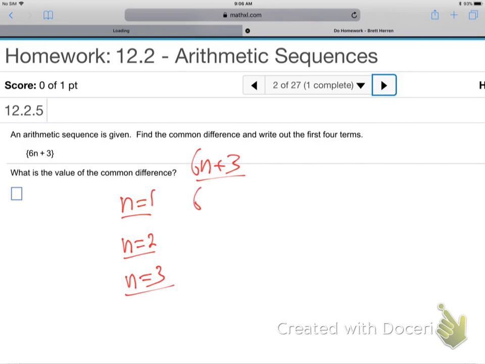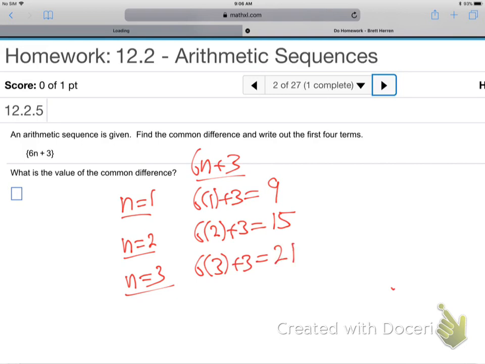Let's see what we get. 6 times 1 plus 3 is 9. 6 times 2 plus 3, 12 plus 3, 15. 6 times 3 plus 3, 18 plus 3, 21, etc. So the numbers are 9, 15, 21, etc. This is the first number, the second number, the third number, and on we go.